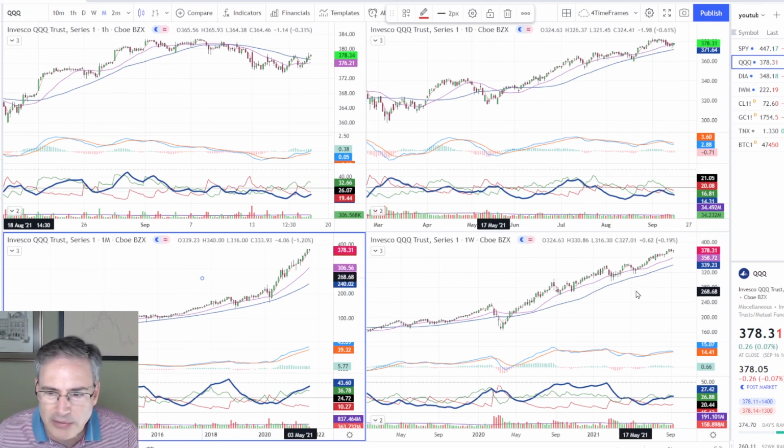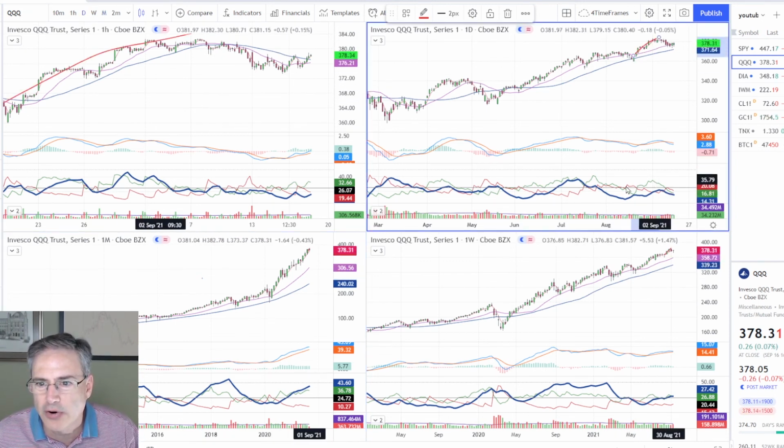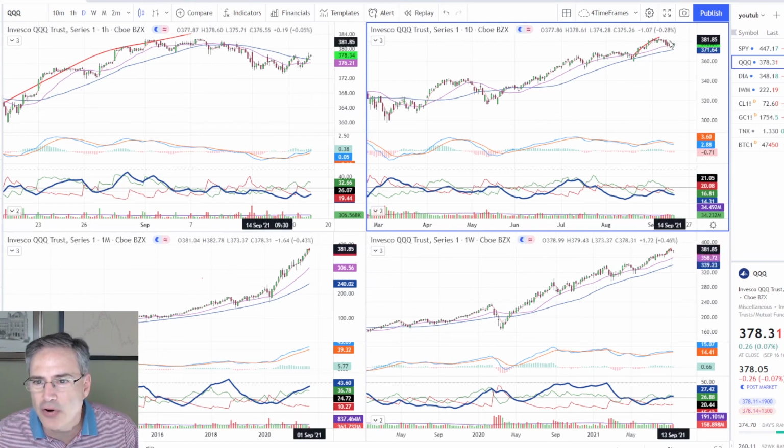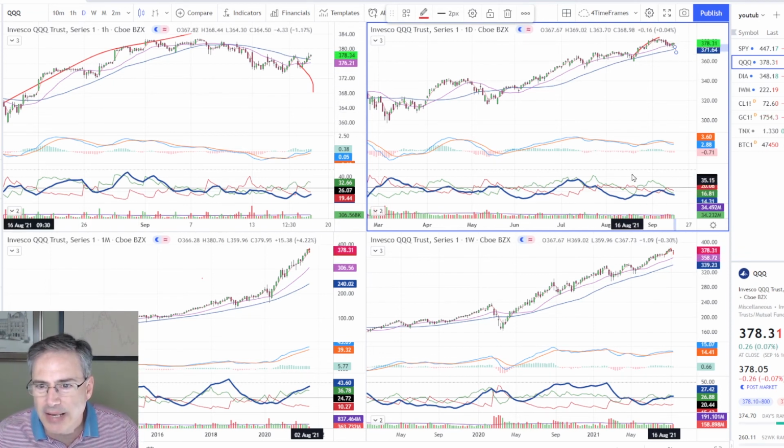Now, the way I would look at this, because the daily is failing, we made a higher high on the daily chart, and this clearly did not make a peak above 25, then I would say the odds are on the Qs that we could break the 40 and actually do damage to this trend. Because the ADX is not strong, we could see a reversal in the trend.